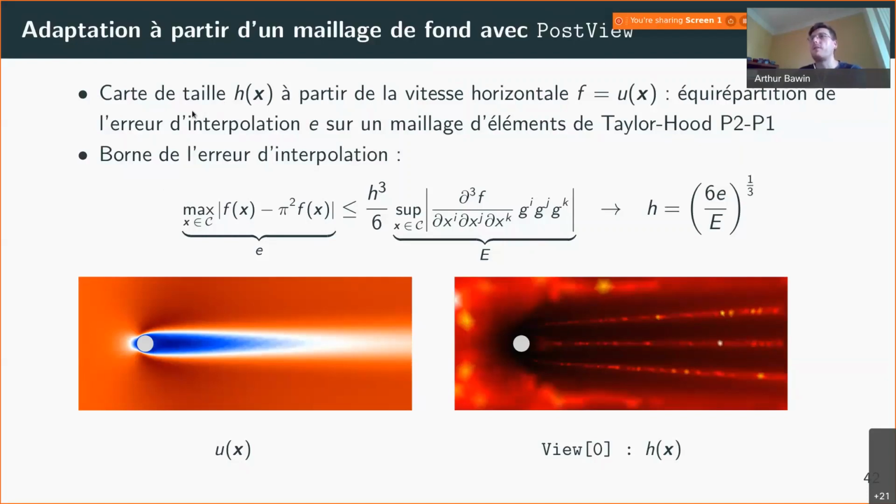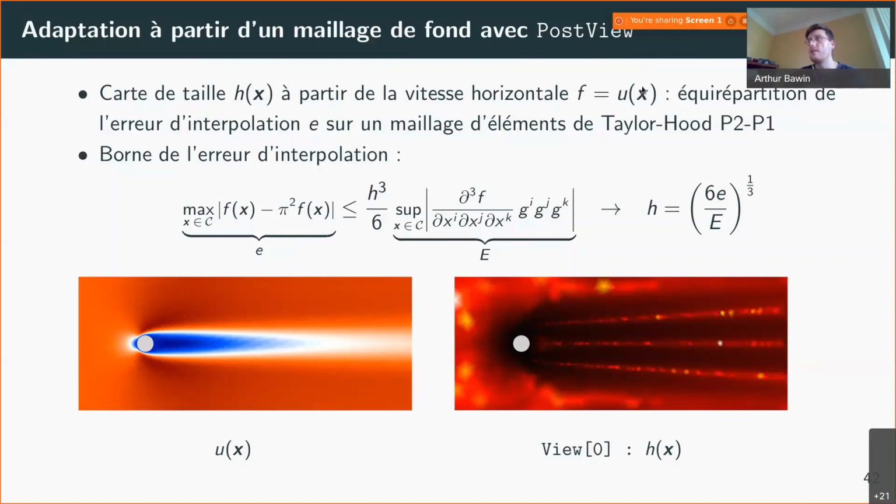So for the context, we're going to build a size field from the U velocity in our flow simulation. And the aim is to have an equivalent representation of the interpolation error between the function and its second order interpolation, because we're going to be using P2, P1 Taylor-Hood finite elements to compute the solution.